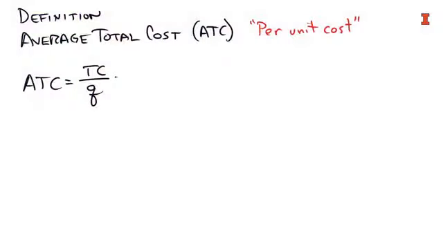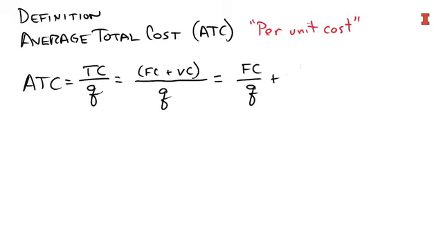So I'm going to expand this a bit and talk about it a little bit more in terms of what's going on. We know that I can rewrite this numerator as fixed cost plus variable cost over output. And I can expand that out to the term of fixed costs over output plus variable costs over output.